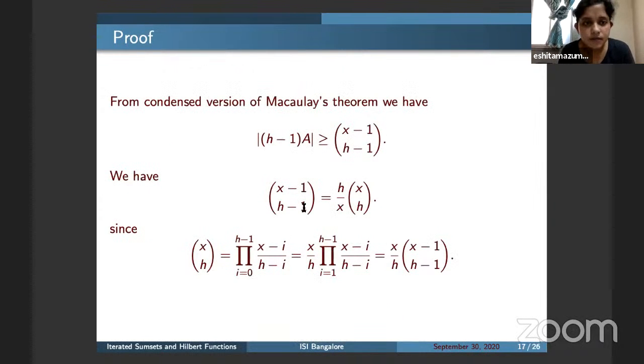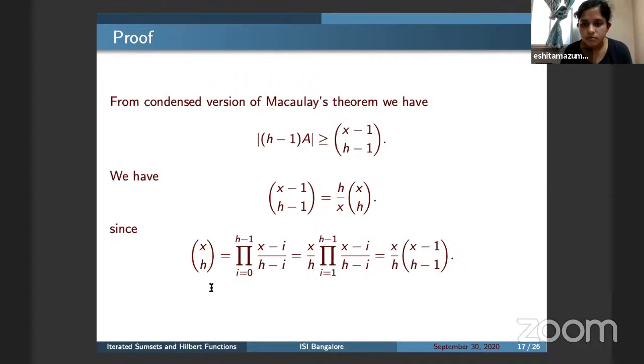From the condensed version of Macaulay's theorem, we will have that the cardinality of the (H minus 1)-fold subset of A is at least binomial coefficient of X minus 1 choose H minus 1. This we can say because all the prerequisites are already satisfied in the theorem.